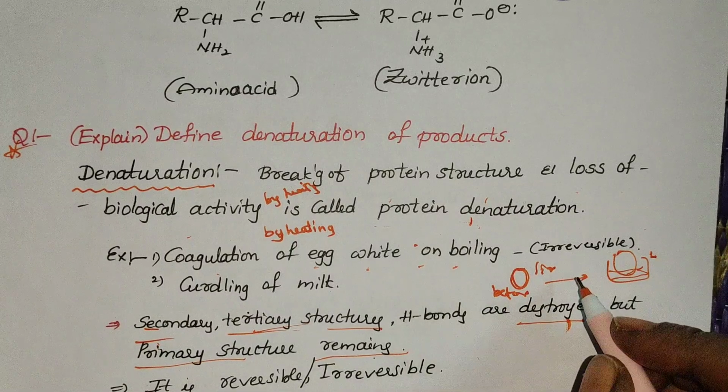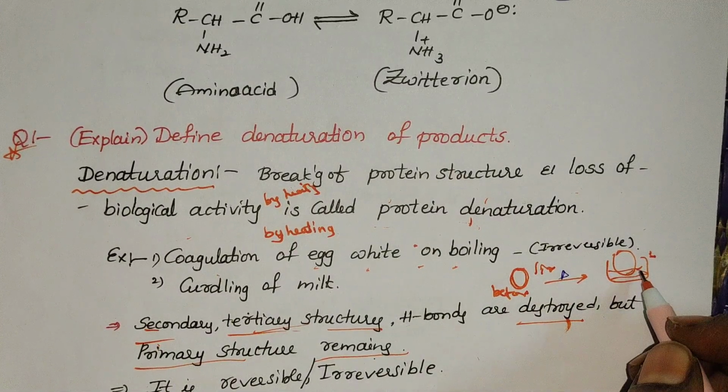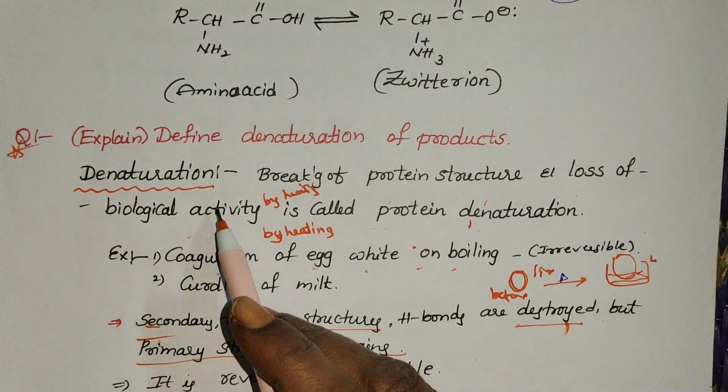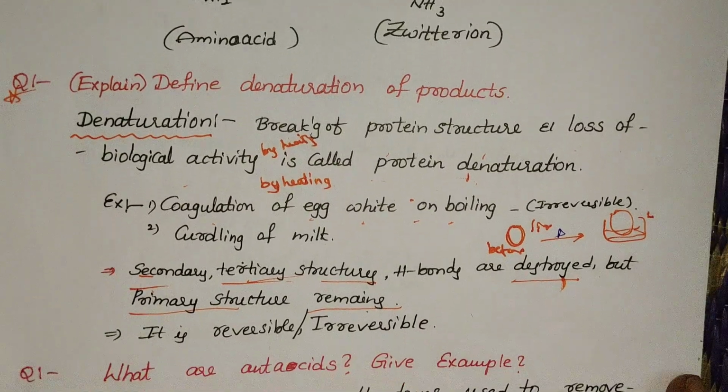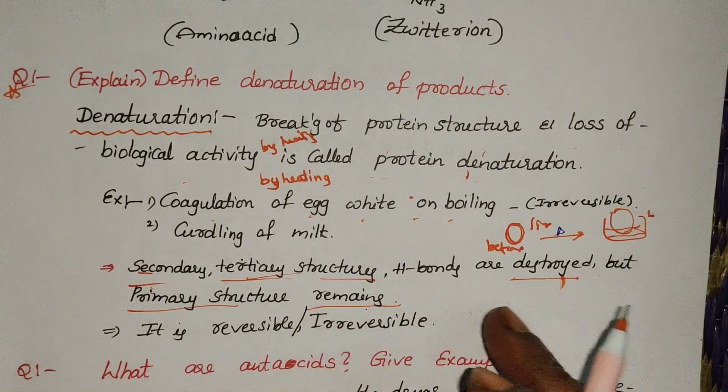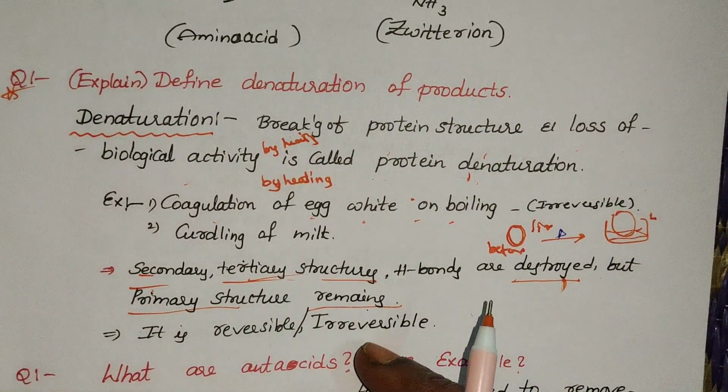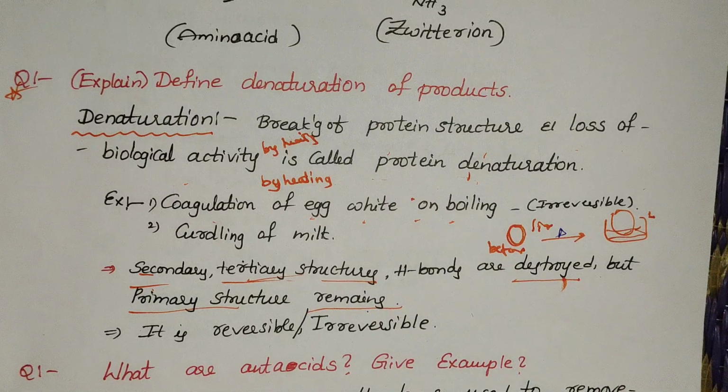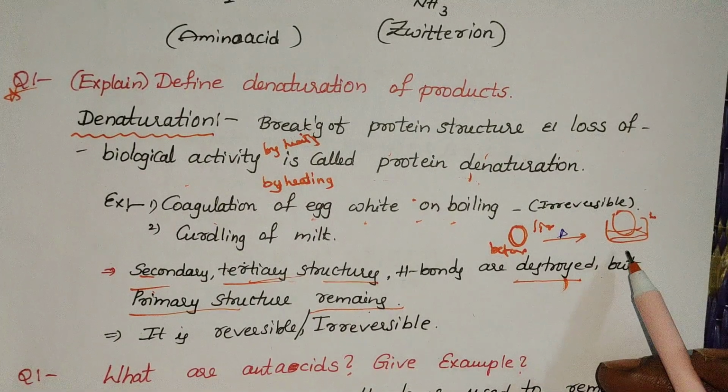But when we heat it, it loses biological activity, that is called denaturation. Secondary and tertiary structure hydrogen bonds are destroyed but the primary structure is not destroyed. Simply remember, before boiling and after boiling it is an egg, but after boiling it solidified and the secondary and tertiary hydrogen bonds are destroyed.